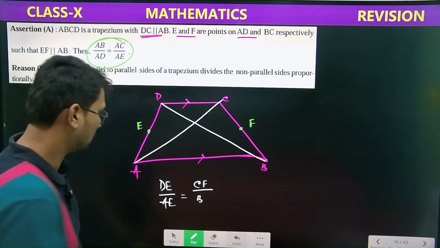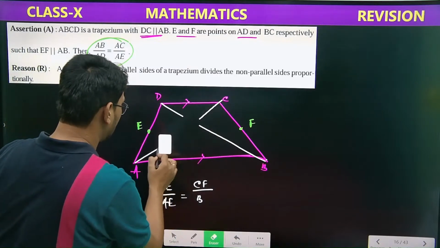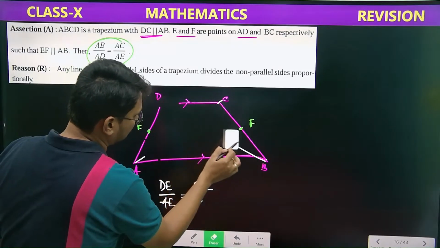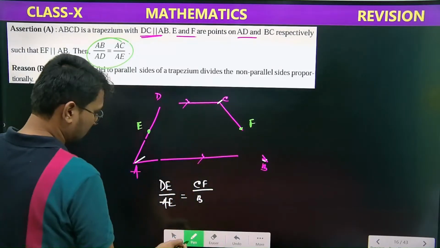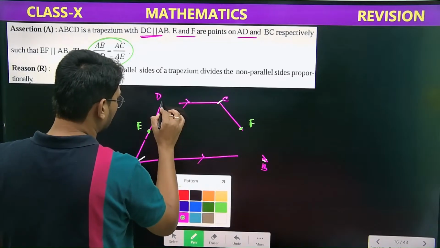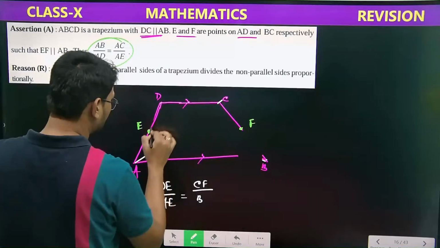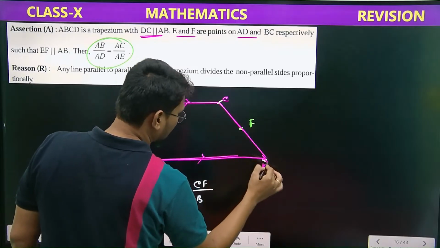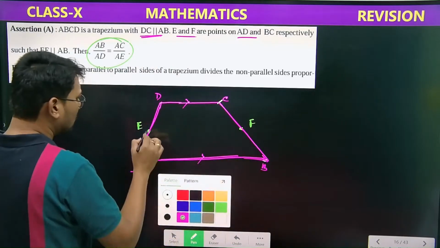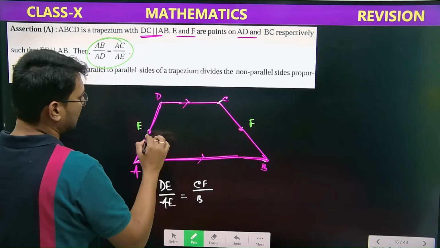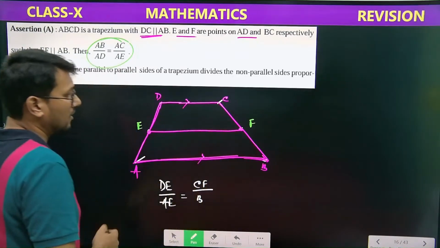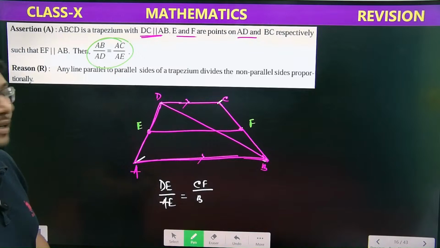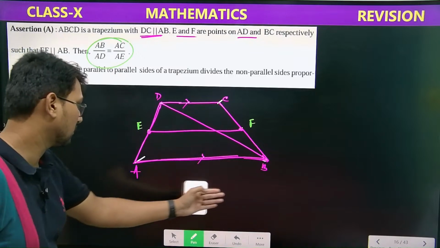And here also, let me erase this line. Okay. Though E and F are two points, if I am joining EF here, a line I am drawing here. Now what should we get from here?